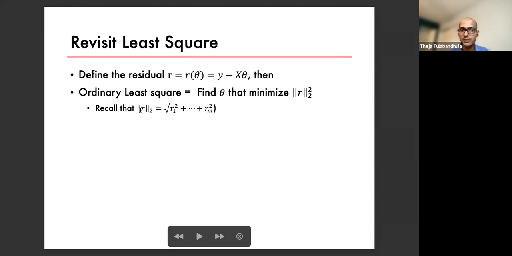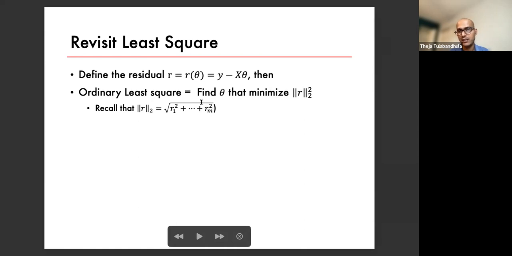The 2 norm of any vector is just its Euclidean magnitude, which is the square root of r1 square plus r2 square, all the way to rm square, where m is the number of examples, and then the whole square, so you remove the square root.